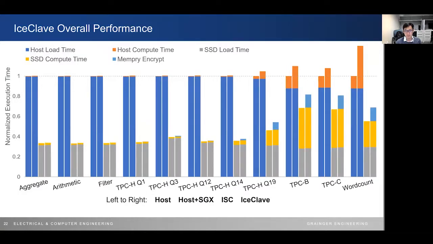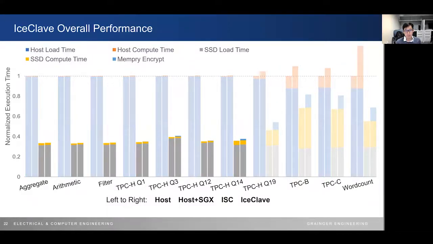And finally, IceClave. On average, IceClave introduces only 7.6% overhead compared to in-storage computing without security. In particular, we observed that for most read-intensive workloads, hybrid counter introduces negligible overhead due to our optimization for read-only pages.